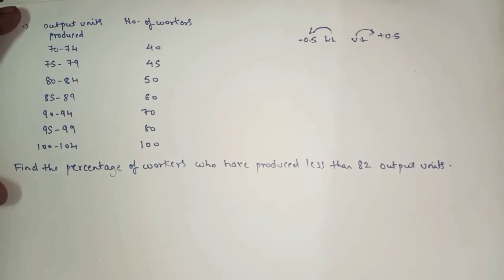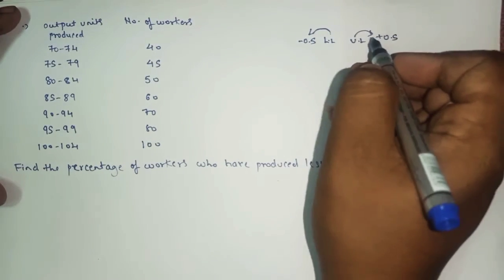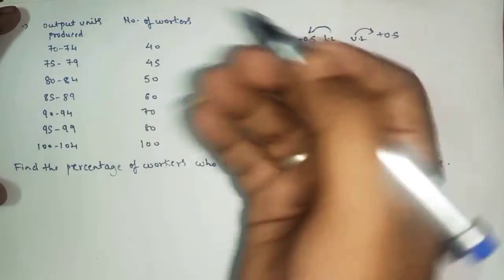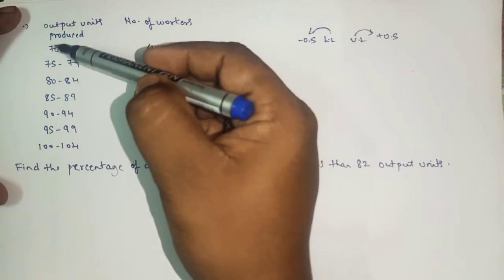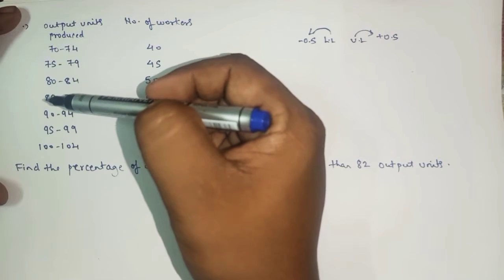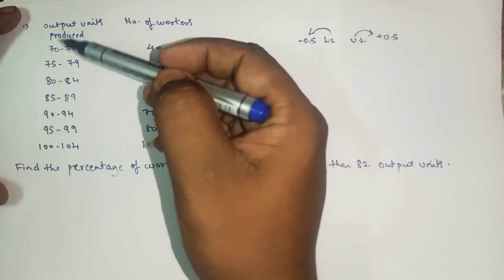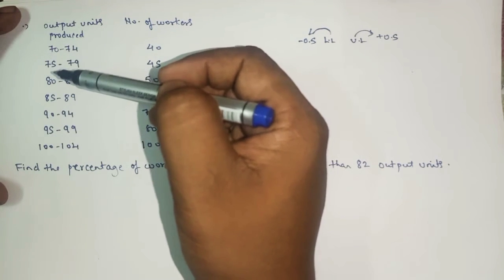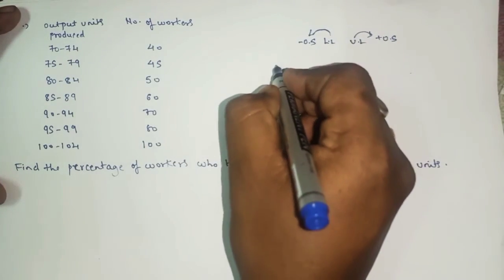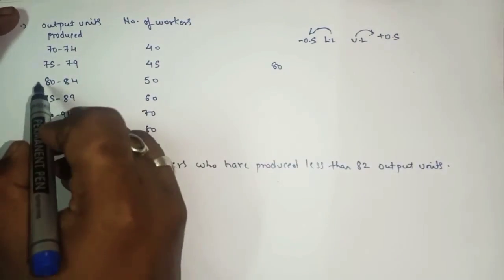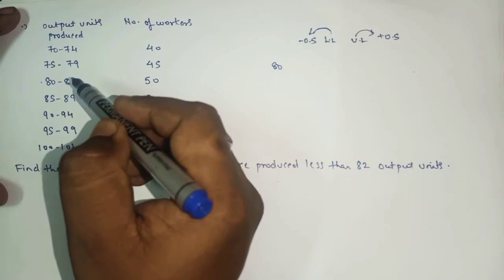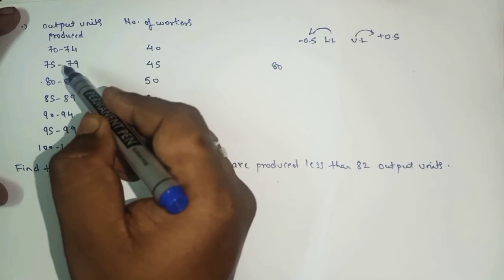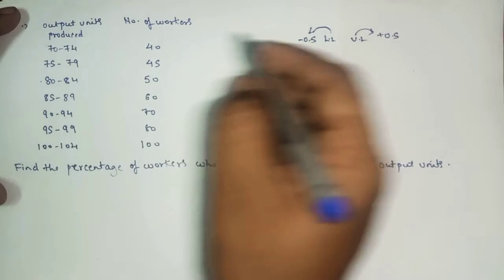So how did you get this 0.5, plus and minus? Simply consider any one lower limit. Suppose here I took 80. Then you have to see the preceding upper limit. Your preceding upper limit is 79.